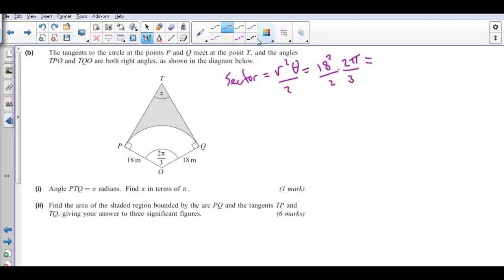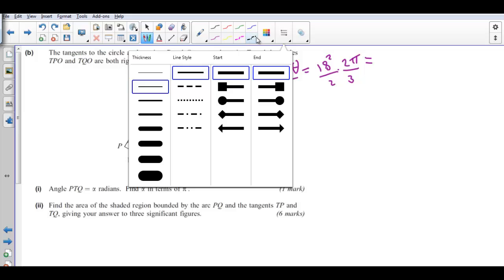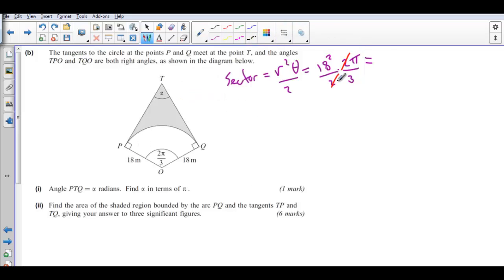Working stuff out, cancelling stuff down. Thankfully it does cancel down. The 2's both cancel, so we're left with 18² over 3 π. We're in Core 2, so we can use a calculator. On a calculator, that number comes out as 108π. So that's the area of the sector.